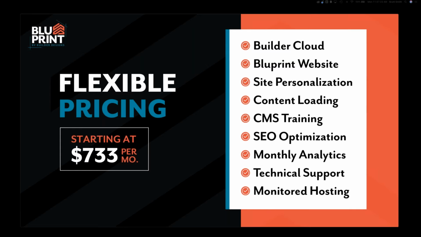The other thing would be how many pages. If you want to add a bunch of different pages that all need to be set up and content loaded, that would affect pricing too. So the 733 is kind of an entry level. Like I said earlier, out of the box, it does everything you need to run a home builder website effectively and get established, and then you can add on from there.